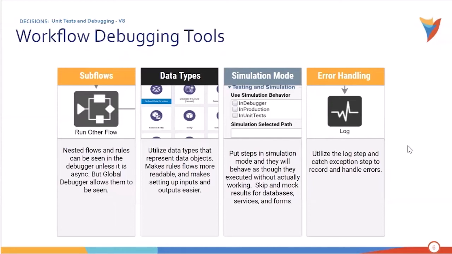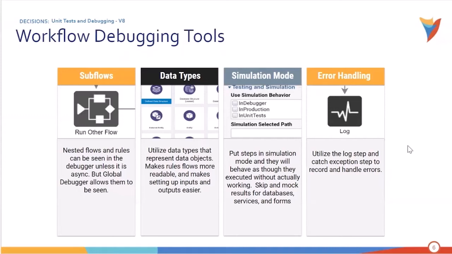Another feature that we have in Decisions is simulation mode. The best use case for this is, let's say we are calling out to a third-party system, which costs us some amount of money with every call we make. At that point, we would not want our testing to happen in debugging, in unit tests, in production, or even while running it.